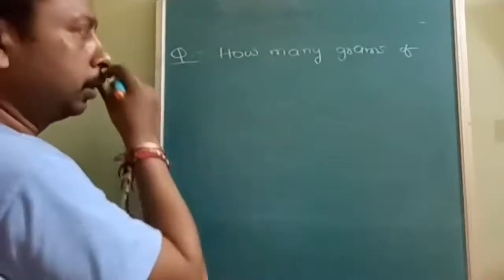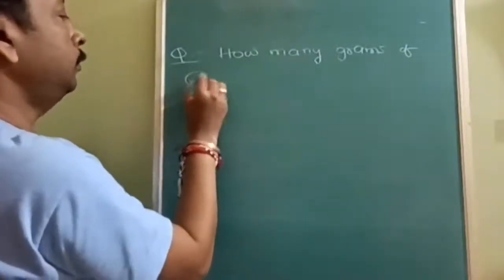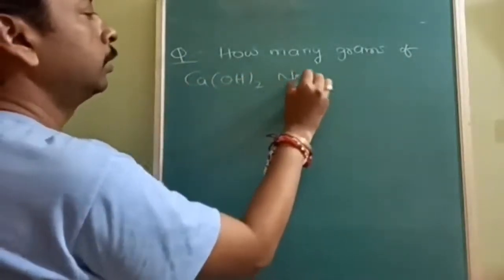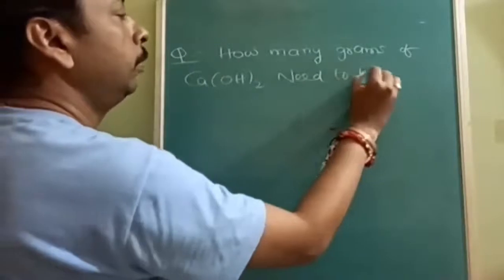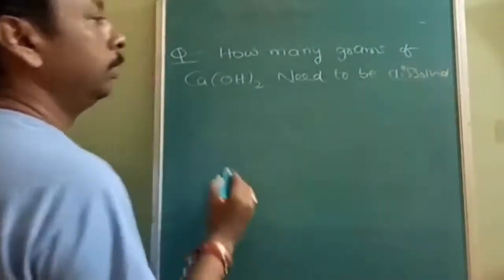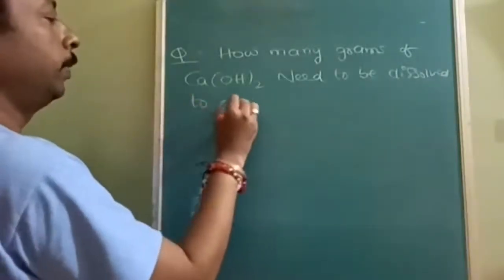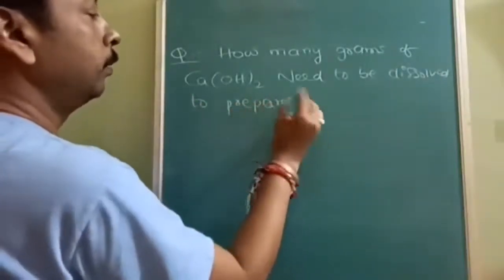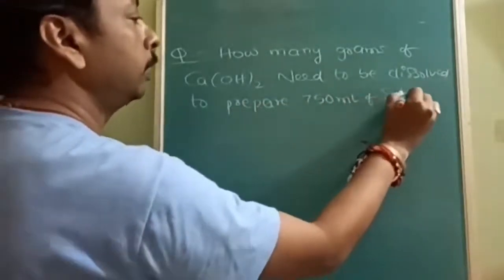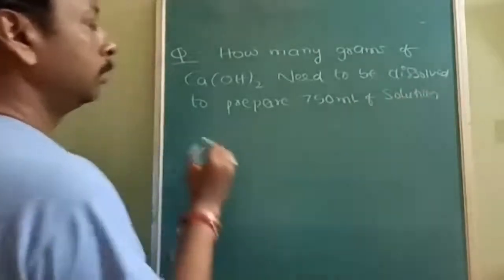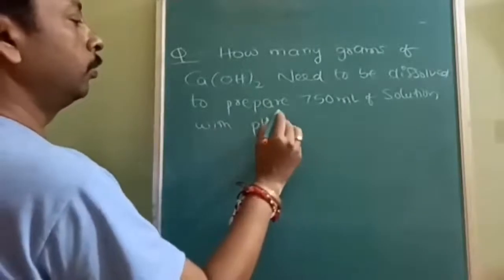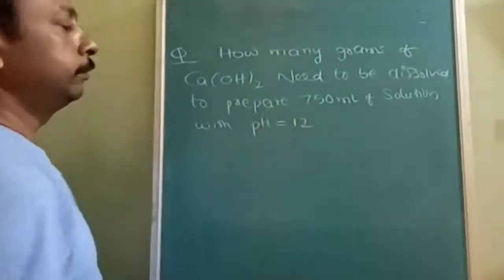Okay. Next, write down how many grams of calcium hydroxide need to be dissolved to prepare 750 ml of solution with pH equal to 12.